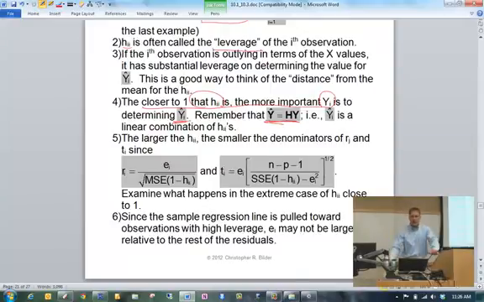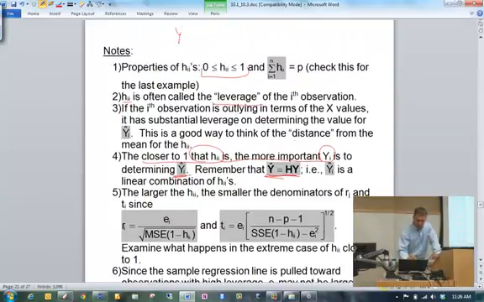And if you look at, for example, your first observation, say Y1, and you want to estimate it, notice what this means, that H times Y. It means that you have h11 times Y1 plus h12 times Y2 plus all the way down to h1n times Yn.